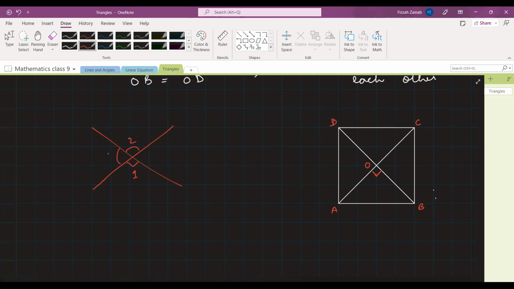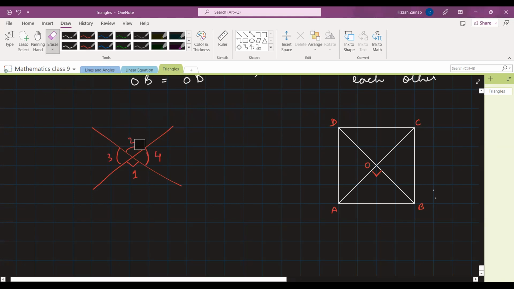Now if angle 2 is 90, then 2 plus 3 is a linear pair, so 3 will also be 90. And if 3 is 90, then 3 and 4 both are vertically opposite, so 4 will also be 90. So no need to show all the angles, just show one angle to be 90 degrees. Other 3 will also be 90. I hope it's clear. Yeah, so one of them we will try to show.